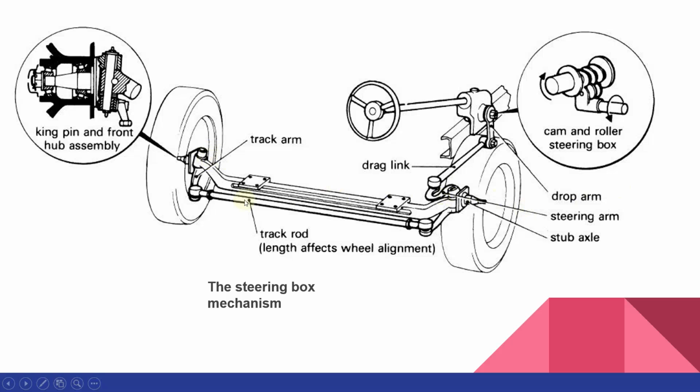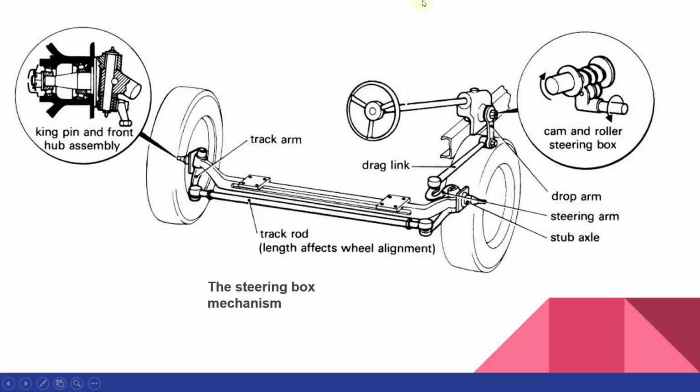We have two kingpins here, and this is the steering wheel, and this is the steering column, and we have the steering box here. The steering box contains a set of gears, or it can be a cam and roller steering box mechanism also, and it will move the drop arm through an angle.